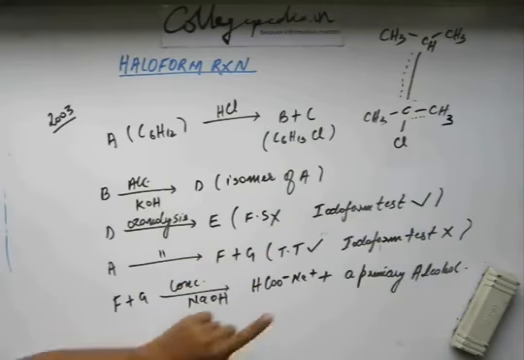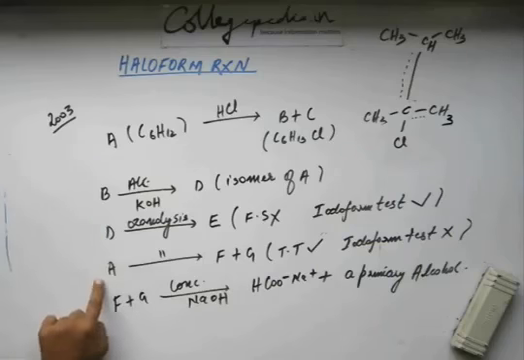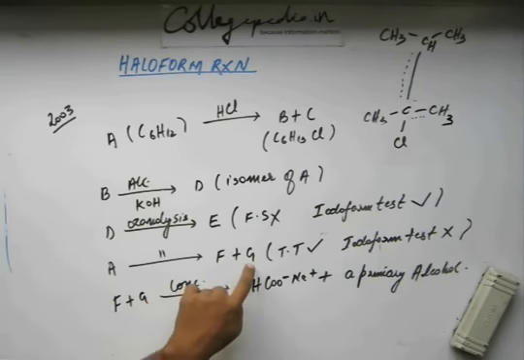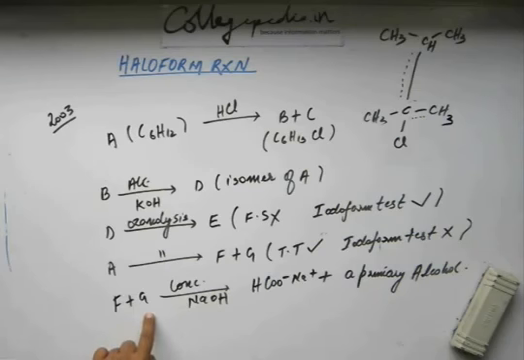But the problem with this structure is, as per this information, when you carry out ozonolysis on A, you get F and you get G. And then when you carry out the Cannizzaro reaction of F and G, you get the sodium salt of formic acid. Now, you have to know the Cannizzaro reaction, because I have taught you.